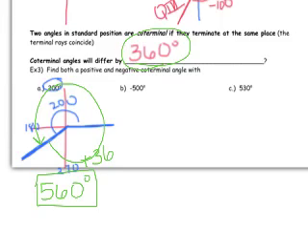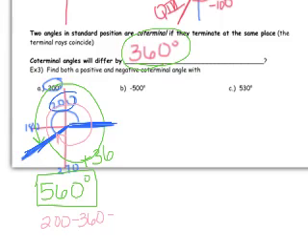Now let's say, go back to the original 200 that was right here in the blue. Now let's say instead of going in the positive angle direction, let's go in the negative angle direction. So now we're going clockwise this way. So now I've gone 360 less than that. So 200 minus 360 is negative 160 degrees.